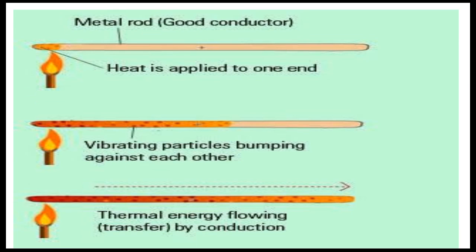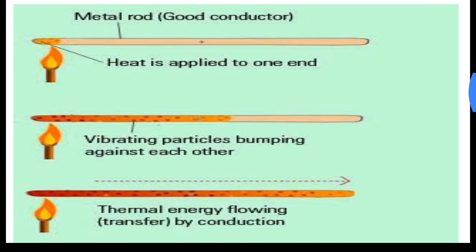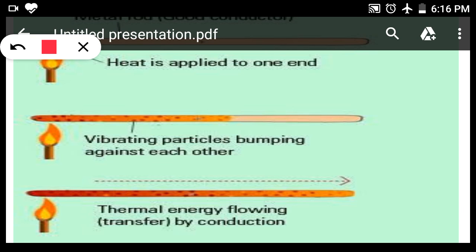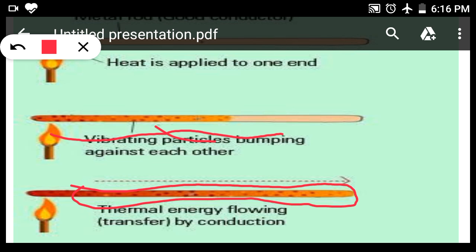After some time you will feel hot at the other end. Here you can see the heat is moving from the flame to the rod and from the rod to the colder parts, and finally the whole metal rod becomes hot.